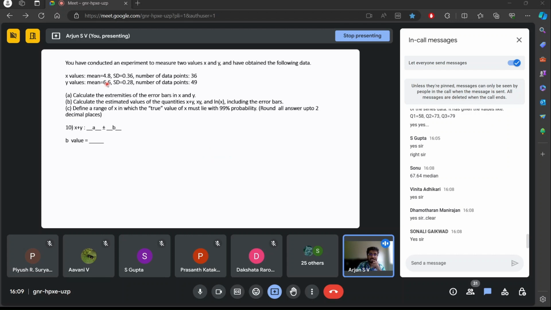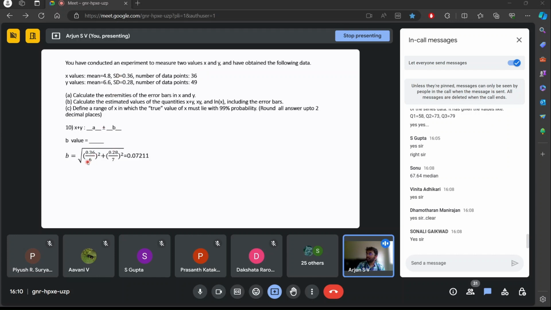Second question: x plus y, same question, a plus or minus b, but the b value just means standard error, not standard deviation. We discussed that the standard error of the sum will be the square root of the sum of squares. But first you have to take the standard error. You already have the standard deviations 0.36 and 0.28.